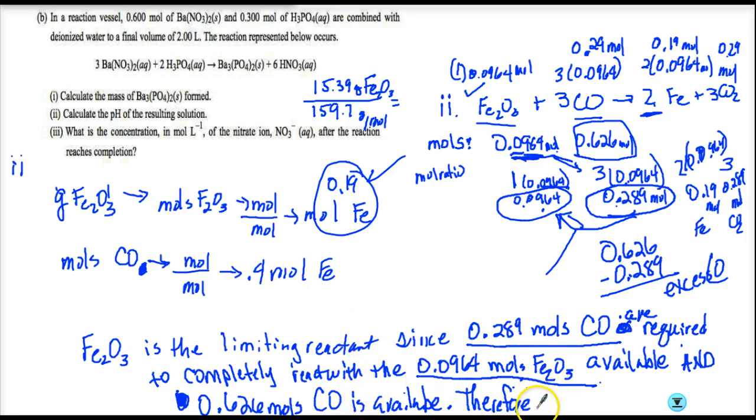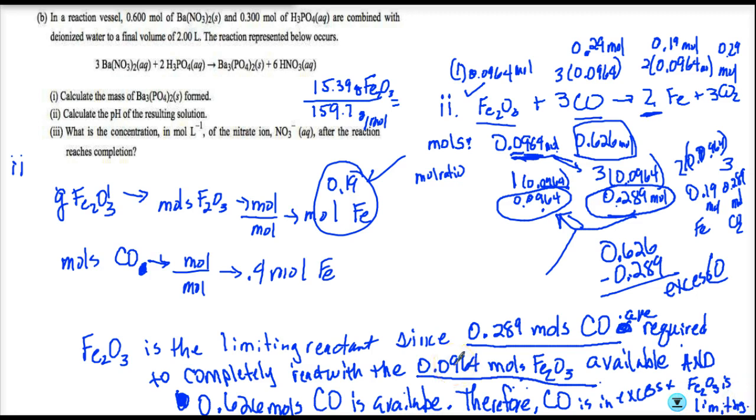Therefore, CO is in excess. And restate it: Fe2O3 is limiting.